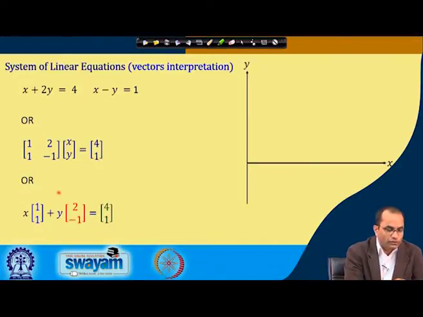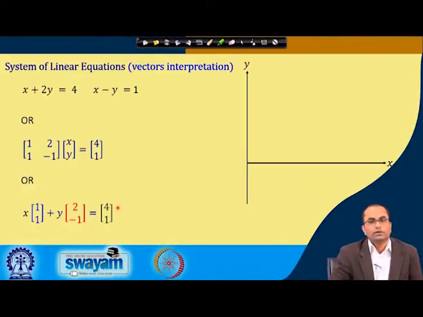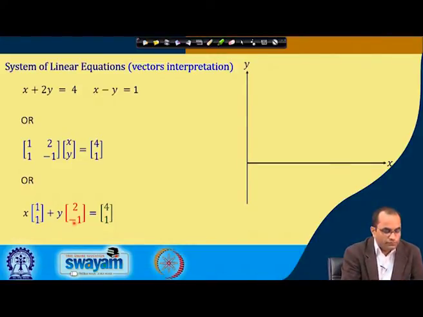So, now we will look into this aspect of the vectors, that we are adding this vector 1 1 with some multiplier plus another vector with some multiplier, and that should give us this 4 and 1. We will see whether it is possible to combine these two vectors with x and y to get 4 and 1.